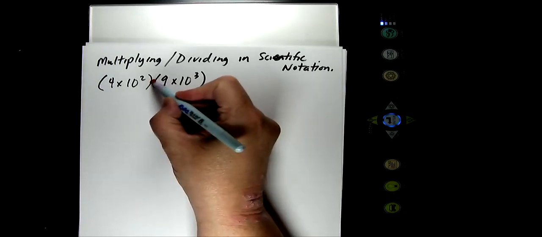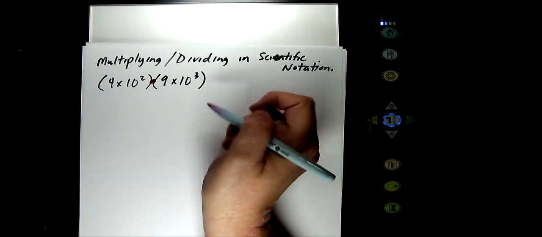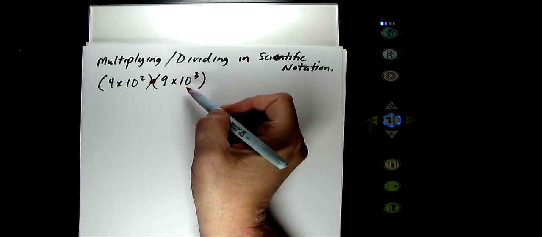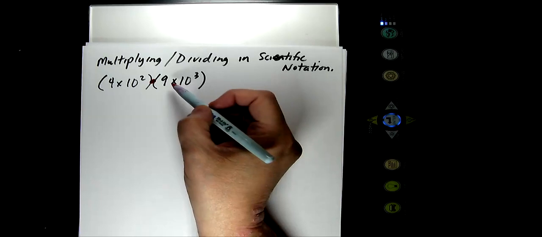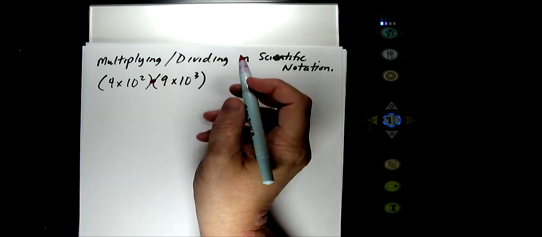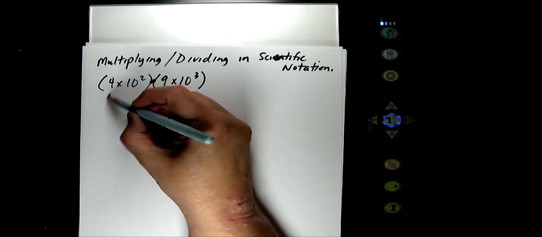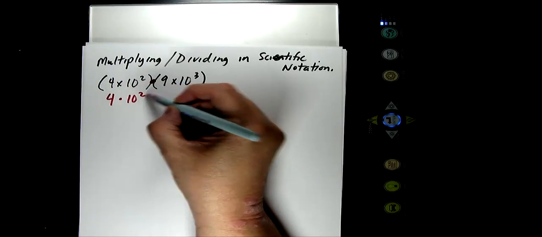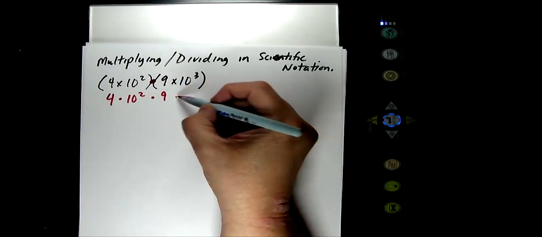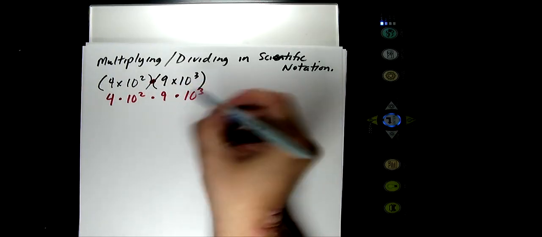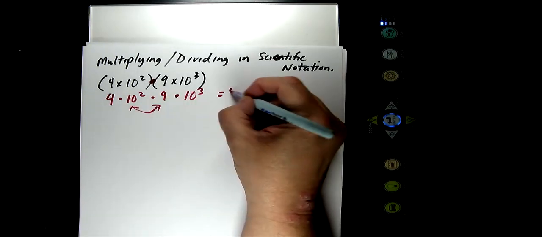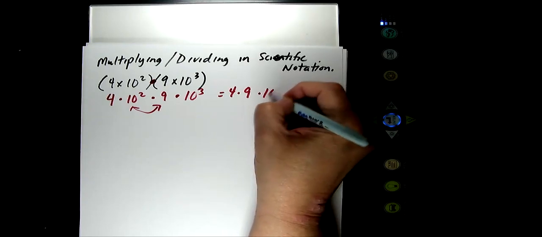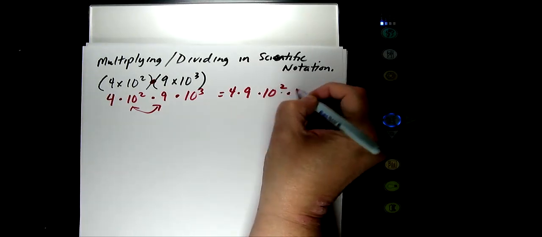Two parentheses make it multiplication between it. And for some reason, we stick with the X for scientific notation. We don't put the dot as a multiplier. But this is 4 times 10 squared times 9 times 10 cubed. And so we can swap the order of these and make it 4 times 9 times 10 squared times 10 cubed.